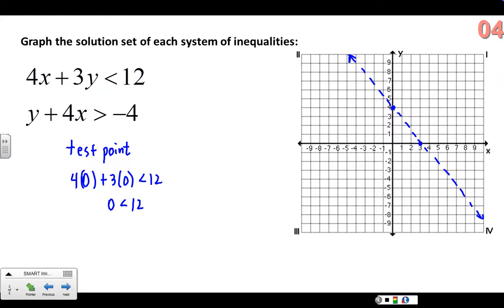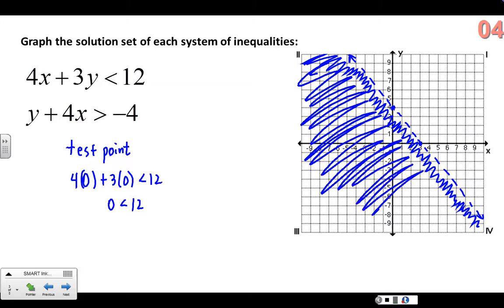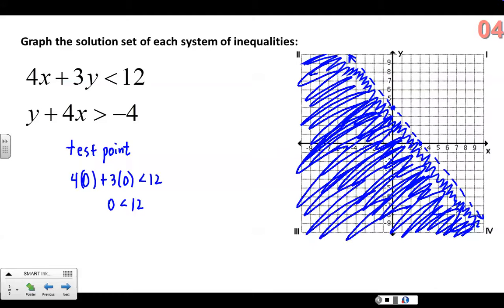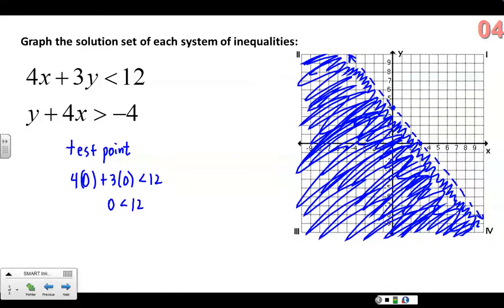That's true, so we can shade on the side of the origin. Okay. And let's check the other.